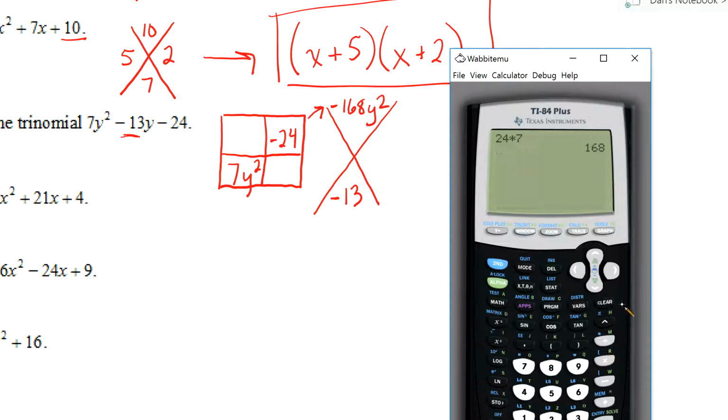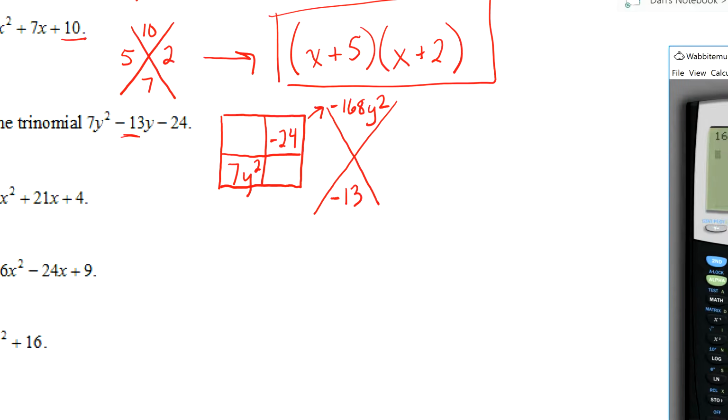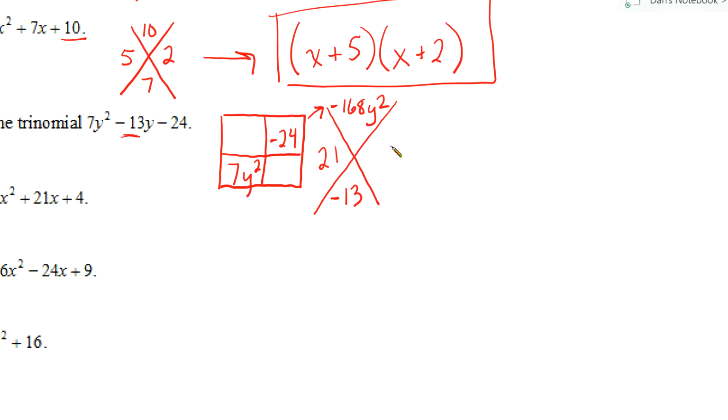It also needs to add to negative 13. So let's do 168 divided by 21. 8. Well, that works. 21 times 8 is 168, and that will subtract to 13. So we'll go 21 times 8, and the 21's got to be negative.